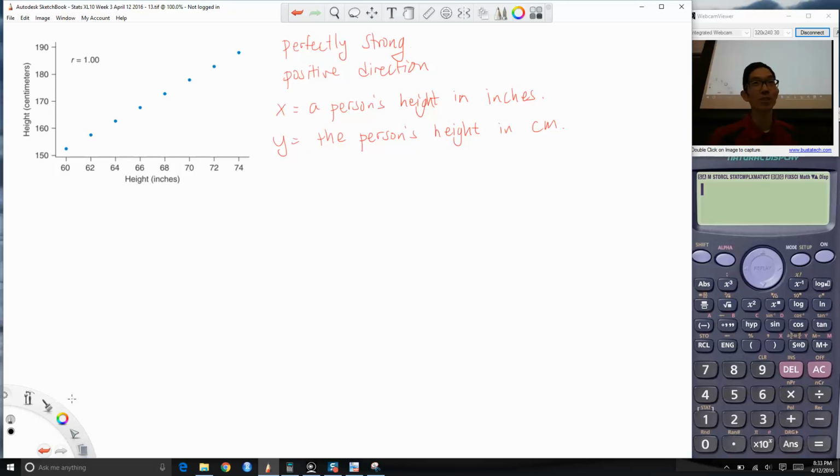Yeah, all you do is plug the height in inches into a conversion, something like centimeters per inch, and there you go.